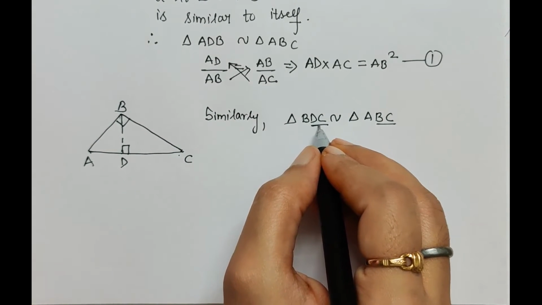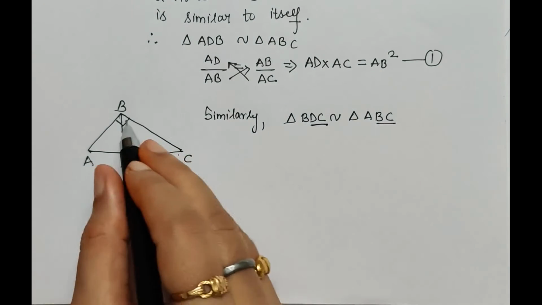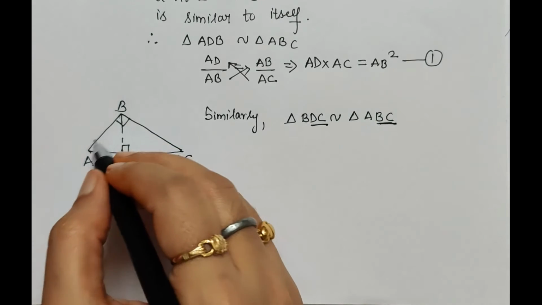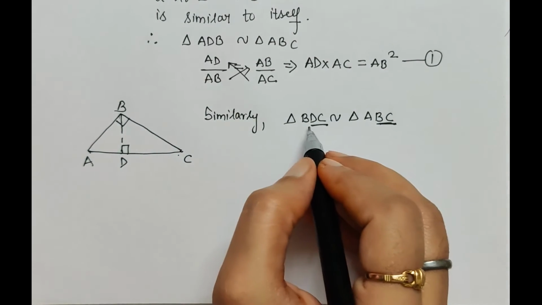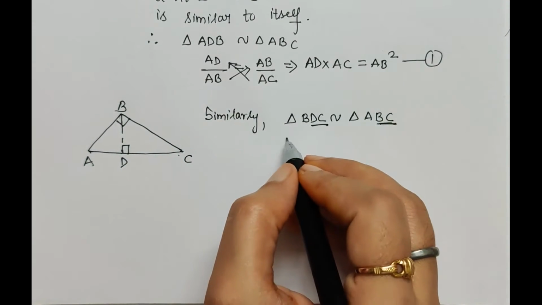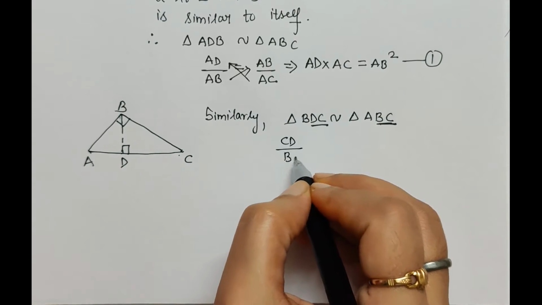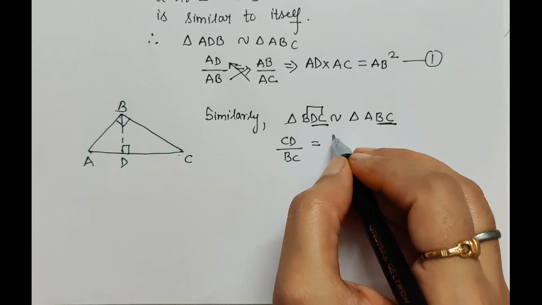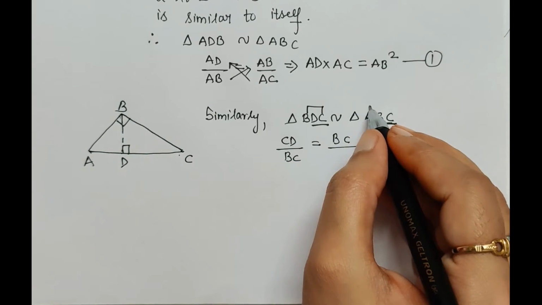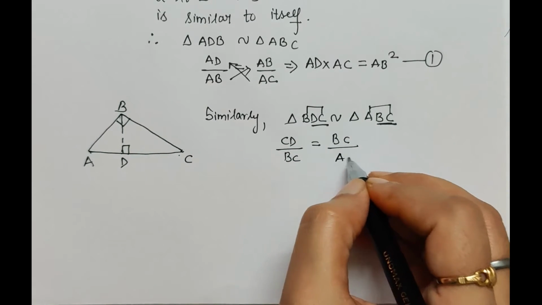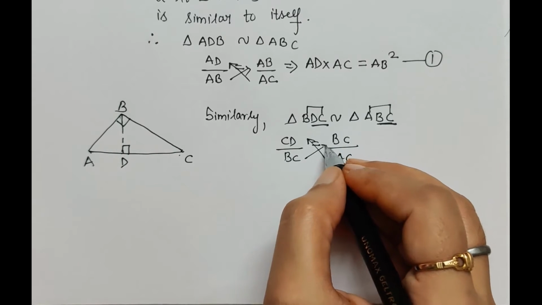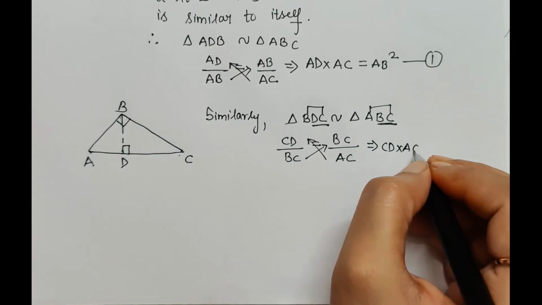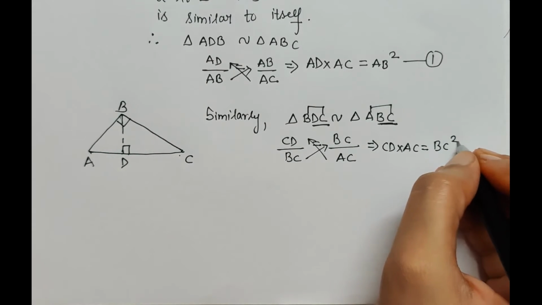So if I take side CD of triangle BDC, I have to take the corresponding side BC of triangle ABC. Like that we are considering the ratios. Now again let's cross multiply, which gives CD into AC is equal to BC square, and let's say this is equation 2.